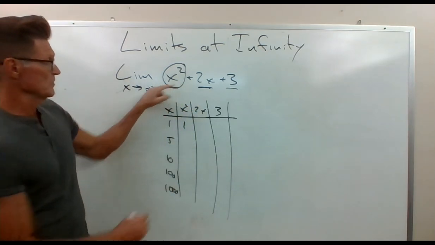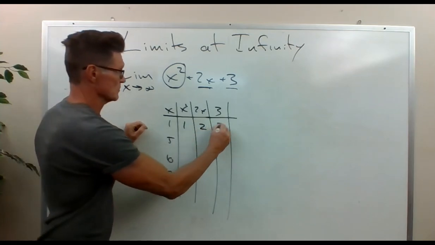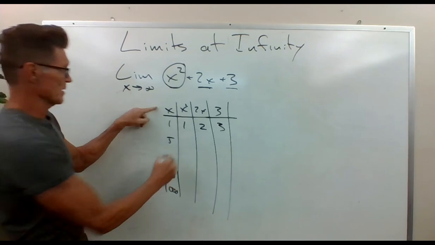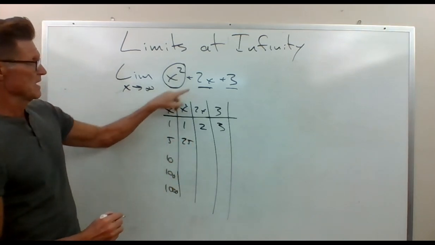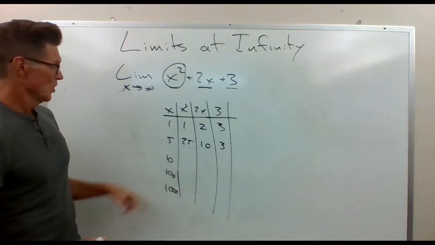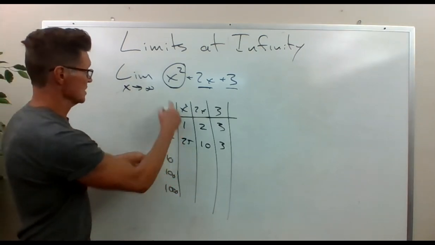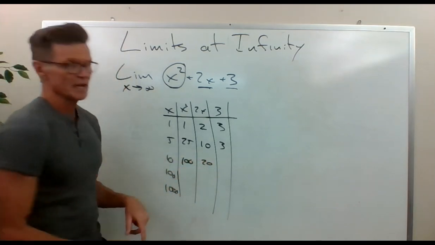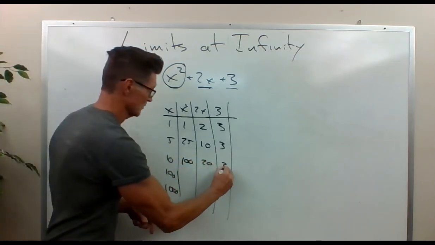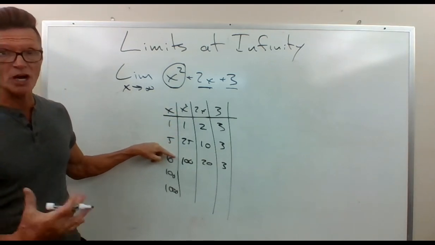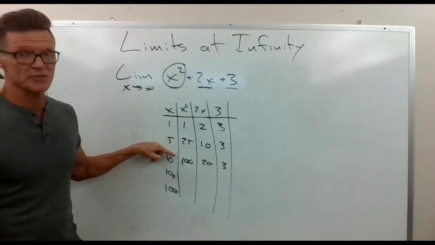When x is 1, we have 2, and this is, of course, 3. When x goes up to 5, 5 squared is 25, 5 times 2 is 10, and 3 is 3. When x is 10, 10 squared is 100, 10 times 2 is 20, and 3 is 3. So you can see already that the x squared term is getting larger a lot faster than the other terms.